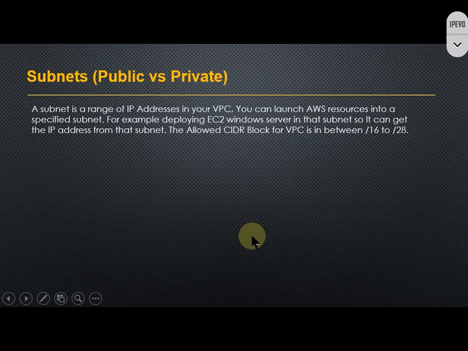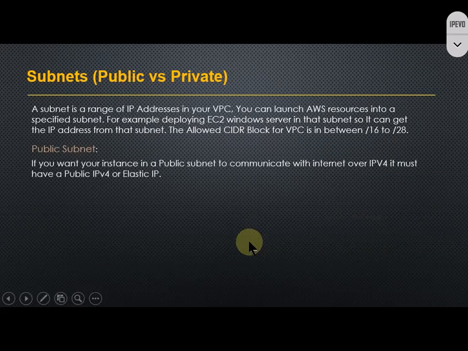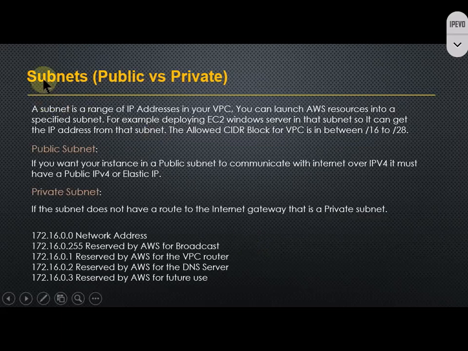So what are the subnets that are being used in a VPC? We have two kinds of subnets, public and private. If you are from a networking background, it will not be difficult to understand. Public is when we have to reach the internet, and private is when we want to route our traffic locally, between buildings or even within the same building.